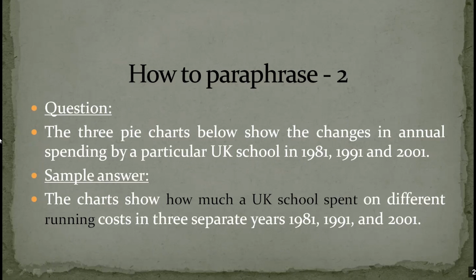Show the changes in annual spending. So what I did here is that I changed the grammar. I changed the format of the sentence. Instead of saying show the changes in annual spending, I said how much a UK school spent on different running costs in 3 separate years, 1981, 91, and 2001.